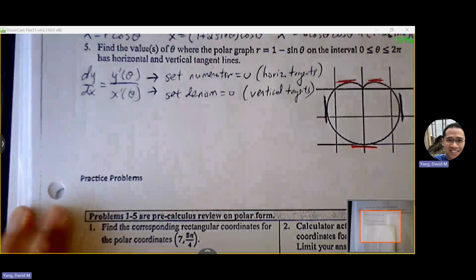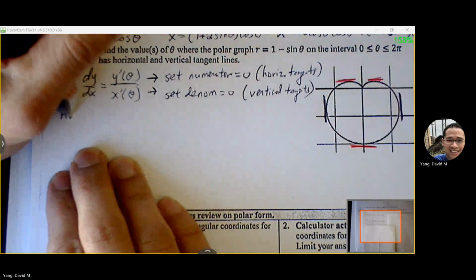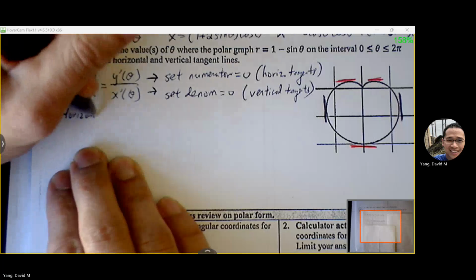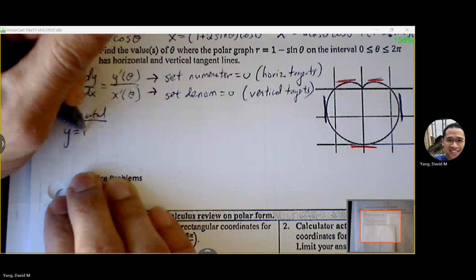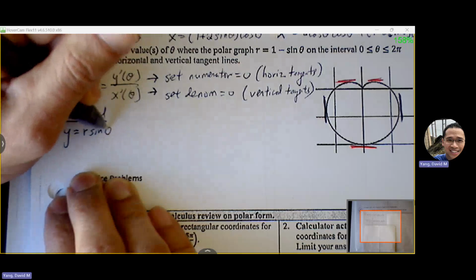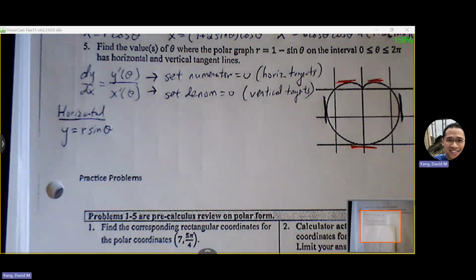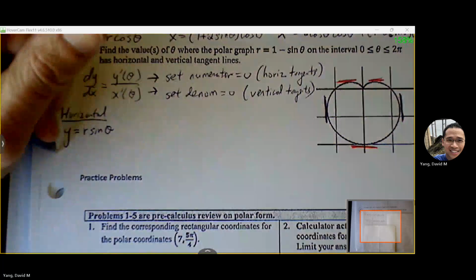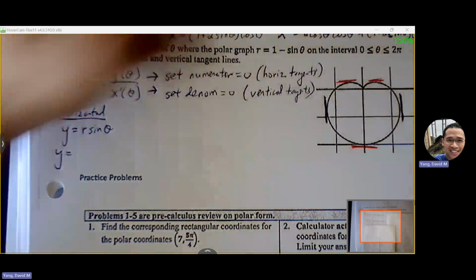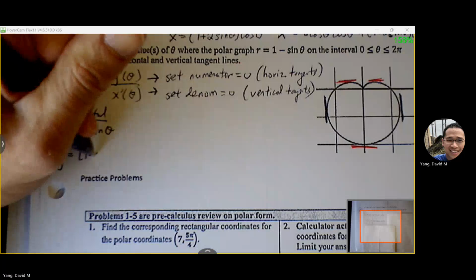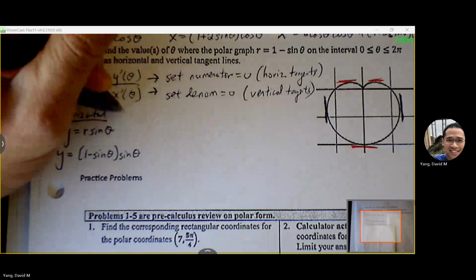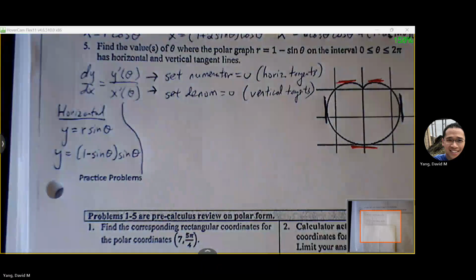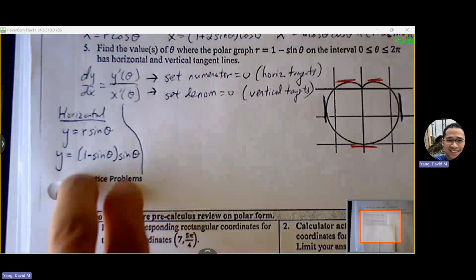Okay, I'll start with horizontal first. Let me first build up my y equation before I can find y prime. My r is 1 minus sine theta. We'll go through a product rule.